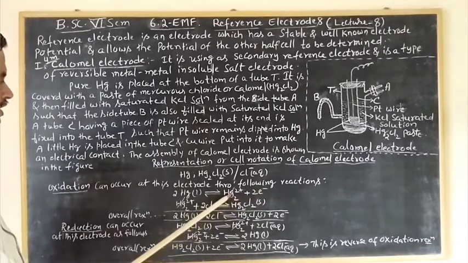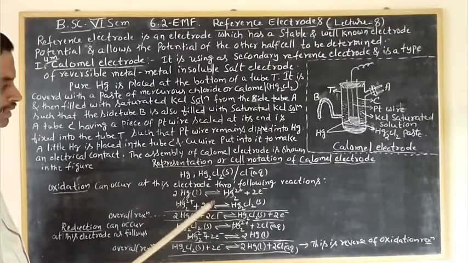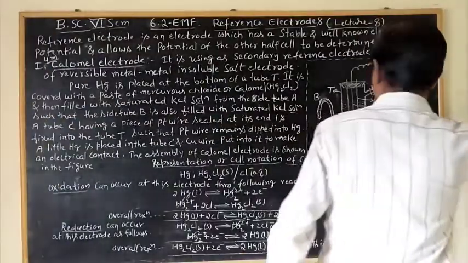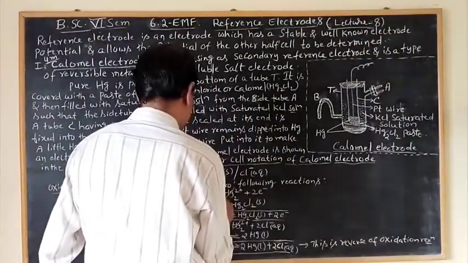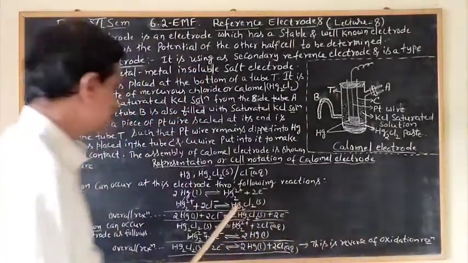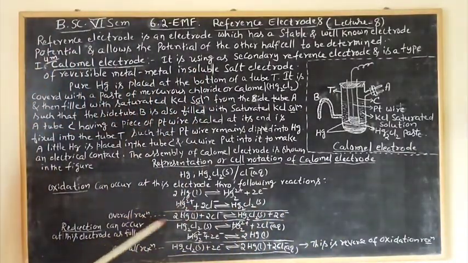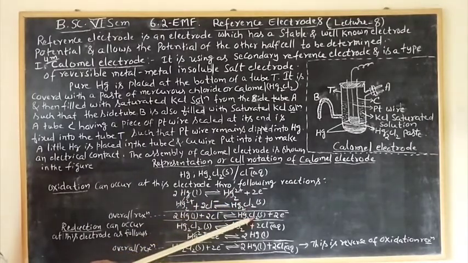This Hg2²⁺ reacts with 2 moles of Cl⁻ to form Hg2Cl2 solid. If you add these two, you get the overall reaction. Hg2²⁺ gets cancelled. So 2Hg (liquid) plus 2Cl⁻ gives rise to Hg2Cl2 (solid) plus 2 electrons.